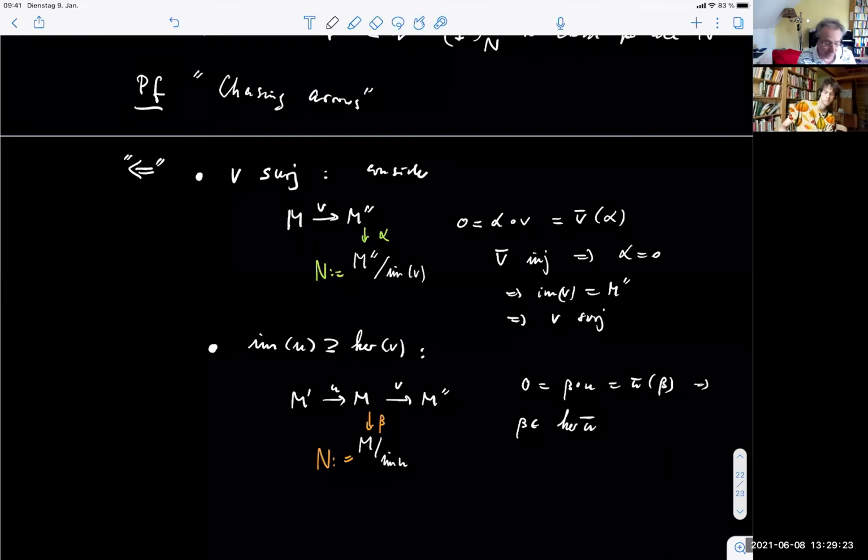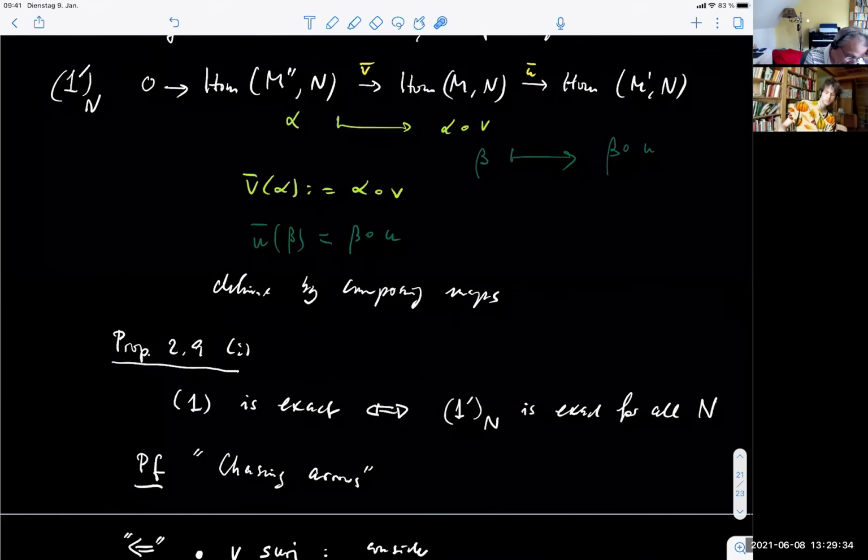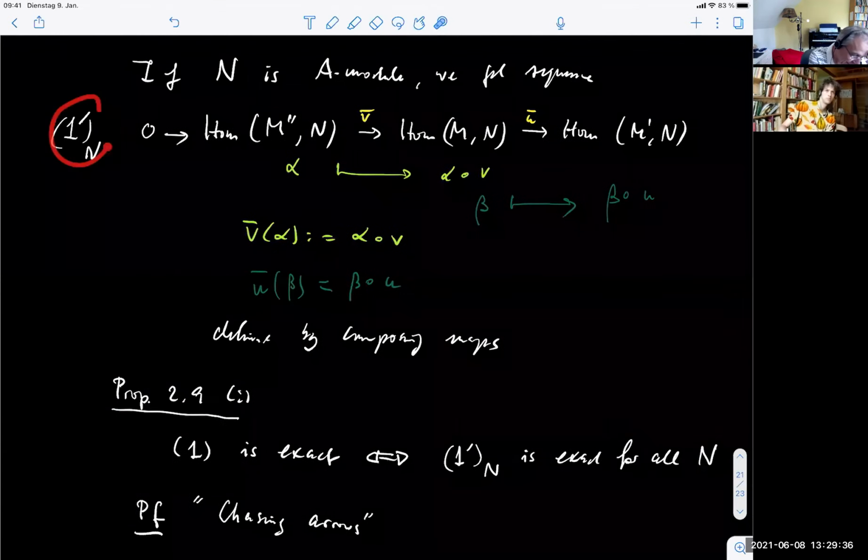Okay. Now, my assumption is, what is my assumption? This sequence here is exact. So at which position do I have to look now? Right. So I know the kernel of U bar equals the image of V bar.